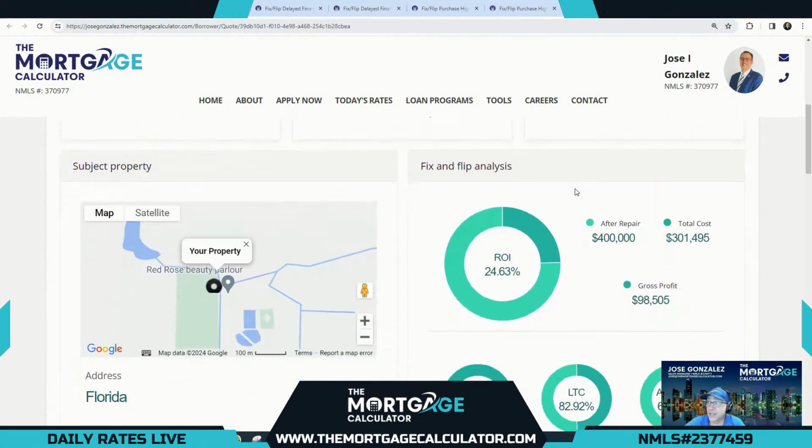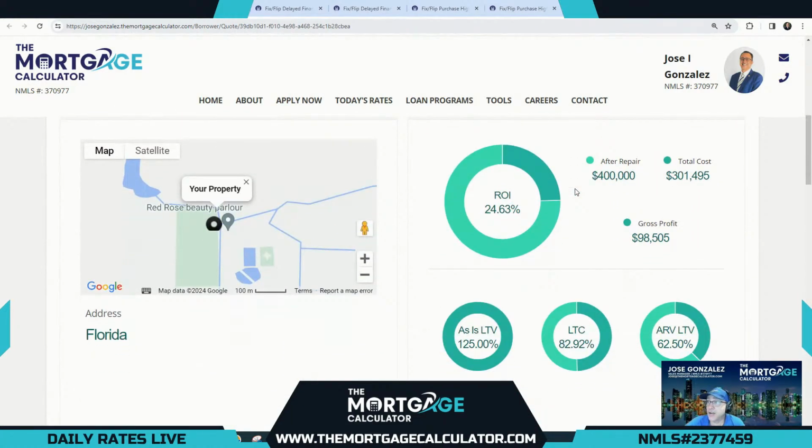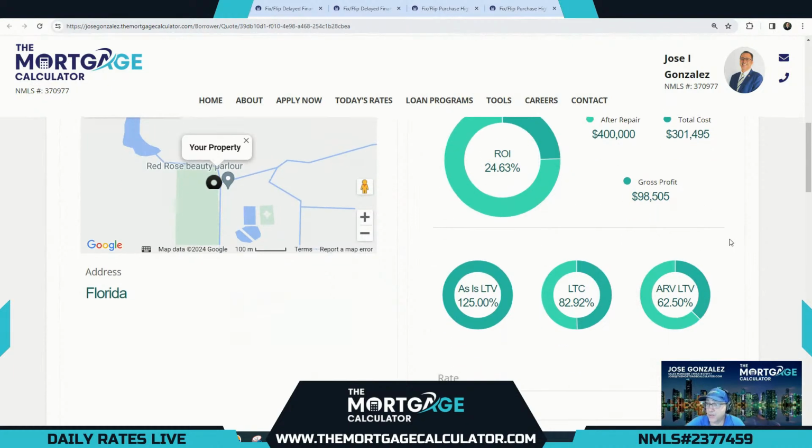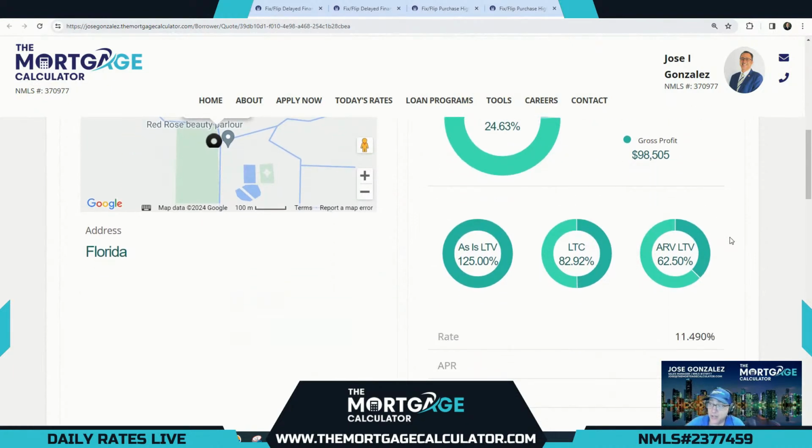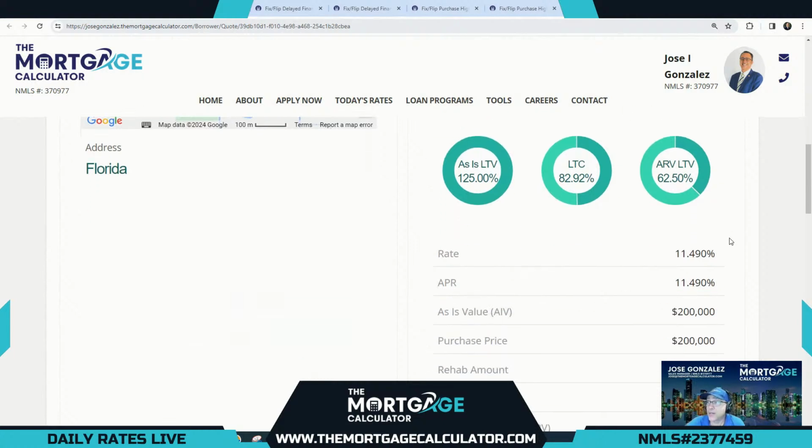$250,000, right? And we're looking at ROI on this deal of actually 24.63%, but they're still giving us the money because the credit is excellent. Rates a little bit higher, we're looking at 11.49%. And then look at this interesting number here, loan to cost, right? 82.92%.